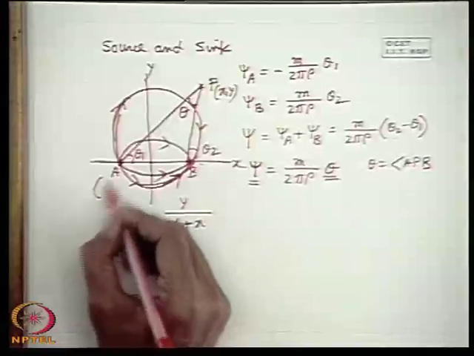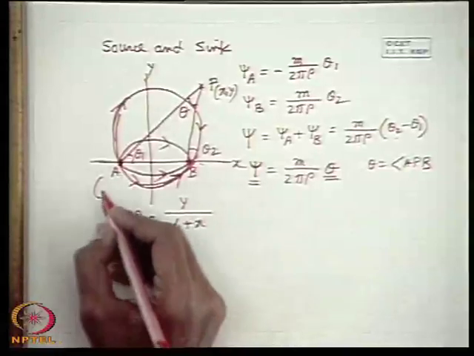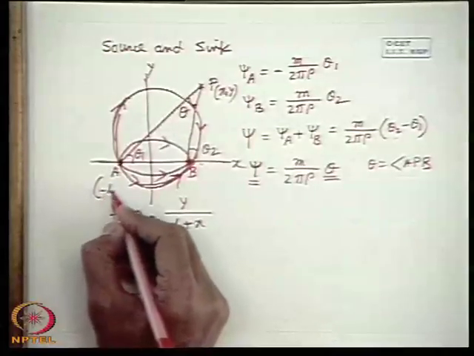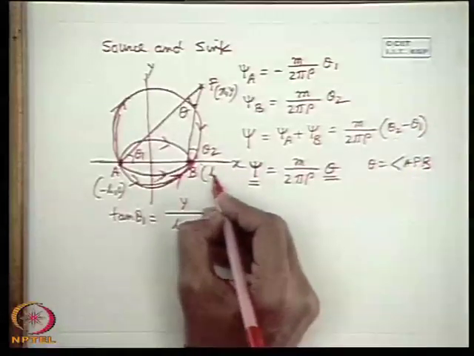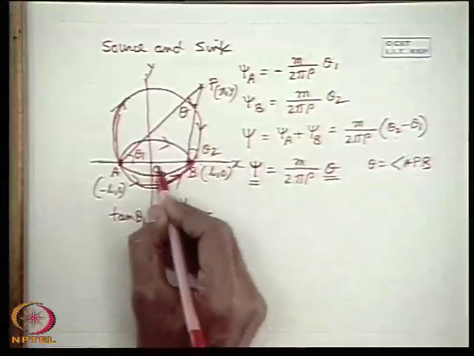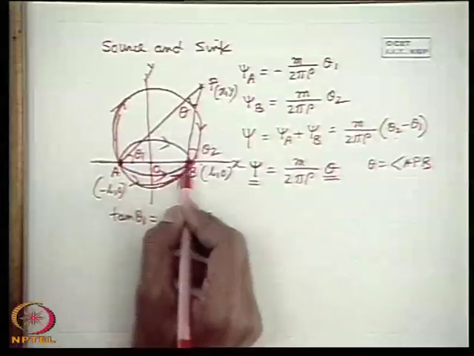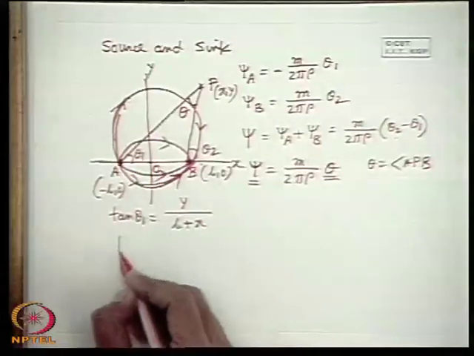That means the coordinate of A, where the source is kept, is minus b, 0, and the coordinate of B on the positive x-axis, where the sink is kept, is b, 0, which means if this be the origin, OA is equal to b, OB is equal to b, so b plus x.